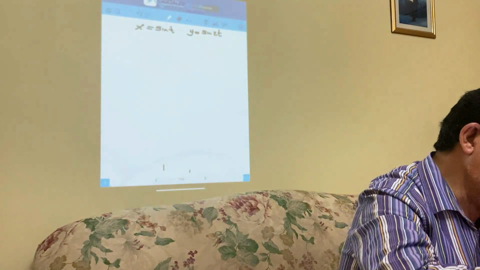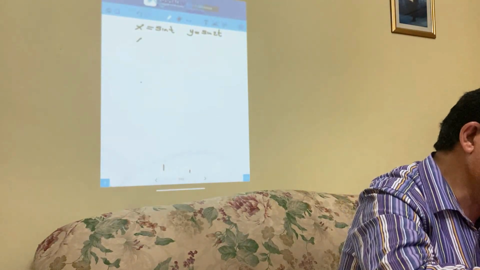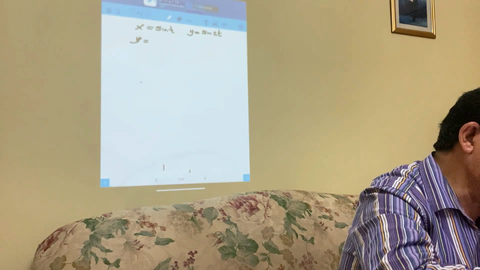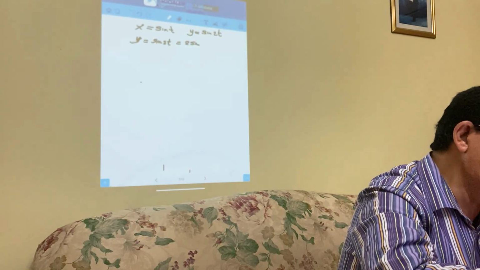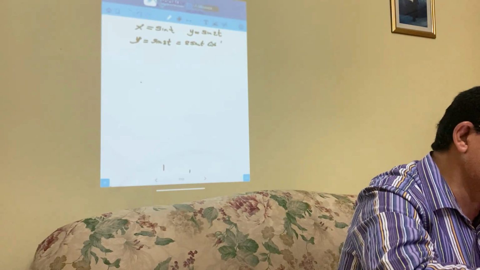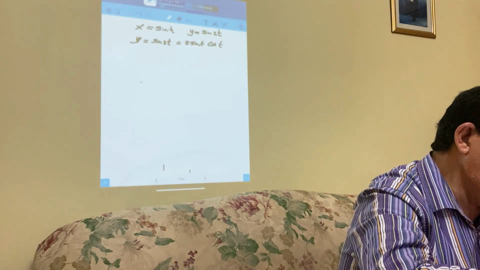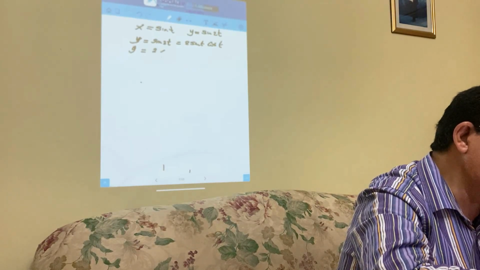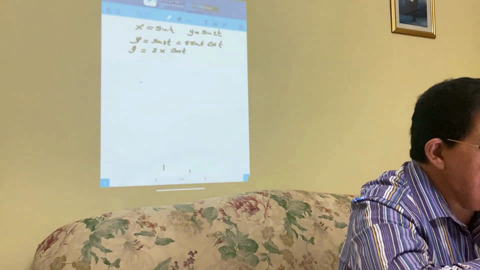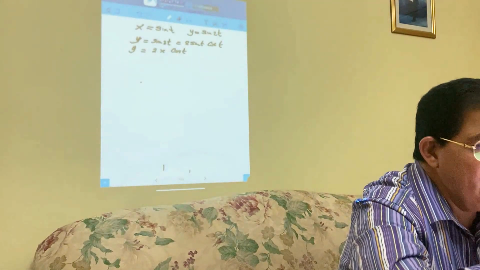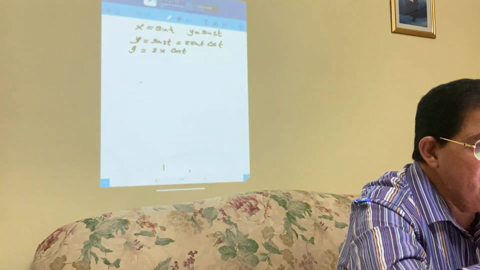We could say now that y equal sine 2t, which is 2 sine t cosine t. So y equal 2x cosine t. Is there a way to convert cosine t into sine t?